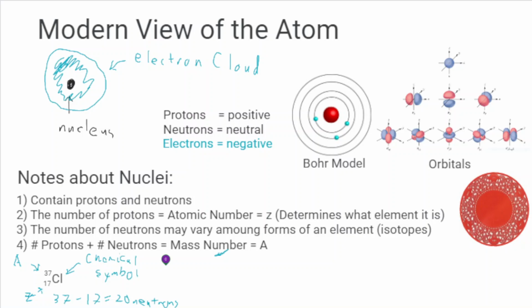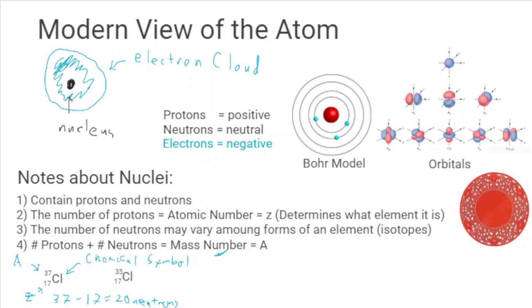Now if we compare that with chlorine-35, we can see that it still has 17 protons, and this time it has 35 protons plus neutrons.